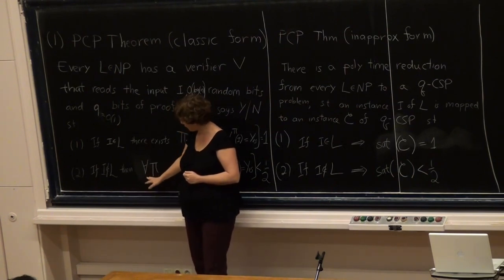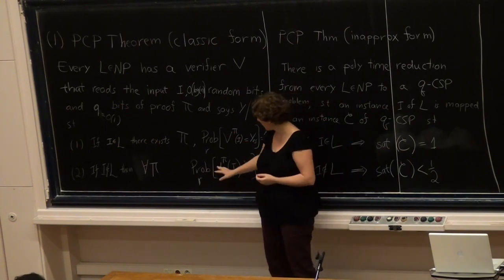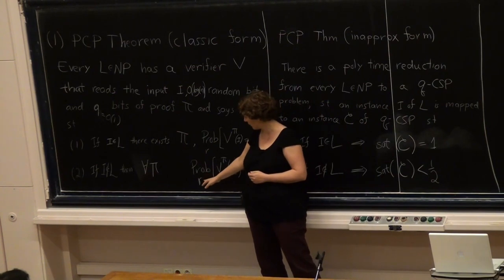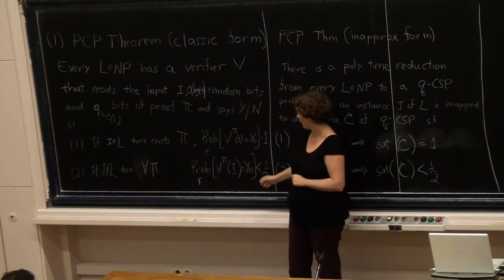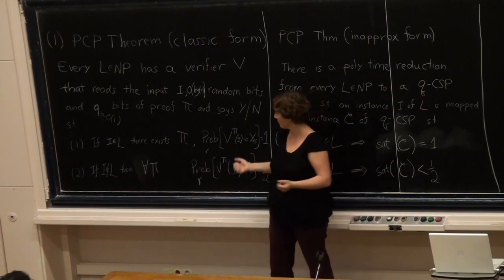For every proof, it doesn't always say no, but the probability that it says yes is bounded by 1/2. So on half of the random coins, it's guaranteed to say no. On half of them, it might say yes. It's a probabilistic statement over its random coins.